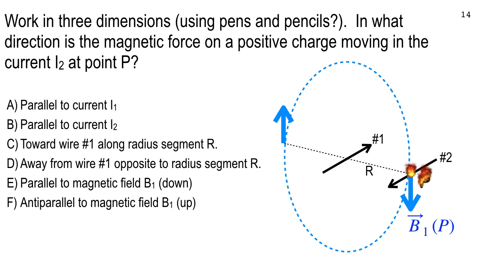Here's point P, in other words, the point closest to you on wire 2. So think, and use your right hand and maybe your neighbor's pencil and pen, or if they have a meter stick in their knapsack or something.